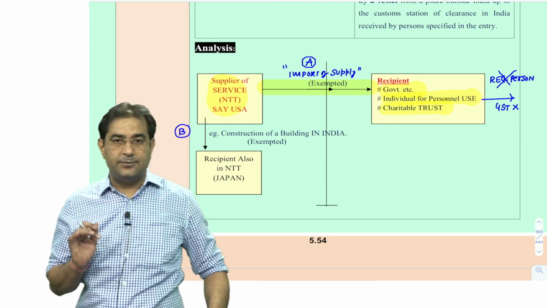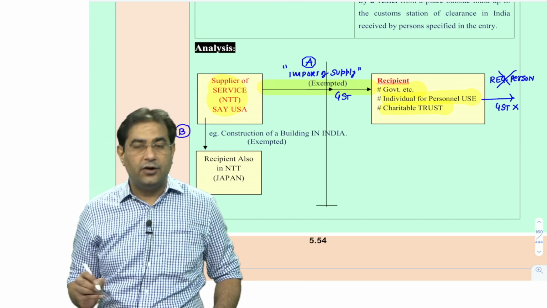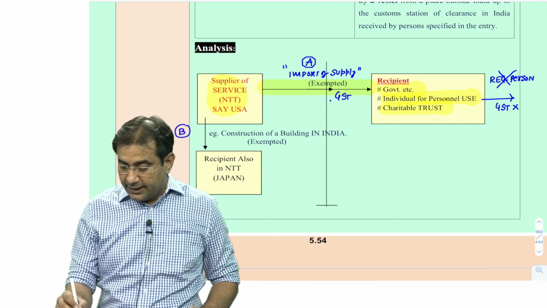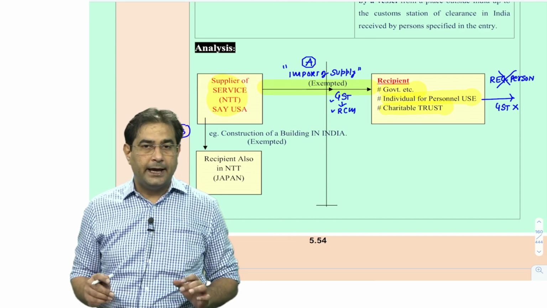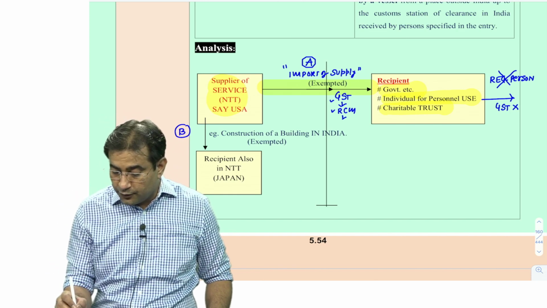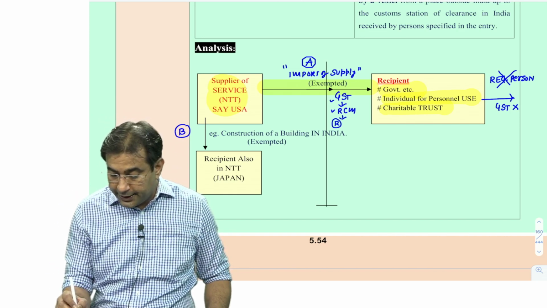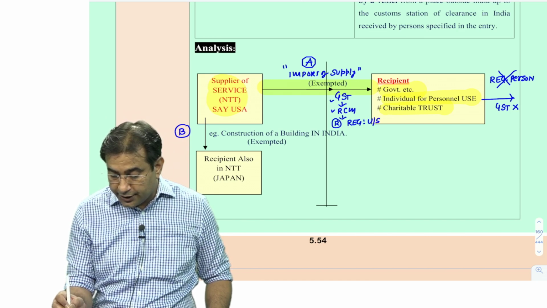But suppose they are liable to GST in case of import of services, then it will definitely be classifiable under reverse charge mechanism. And as per the provision of section 24, the recipient requires mandatory registration under section 24.